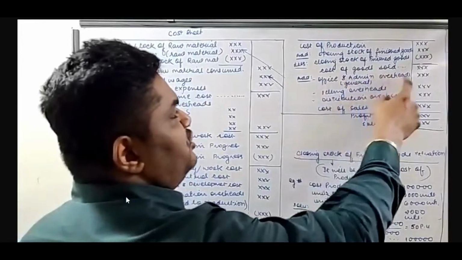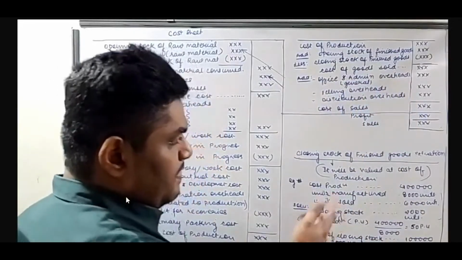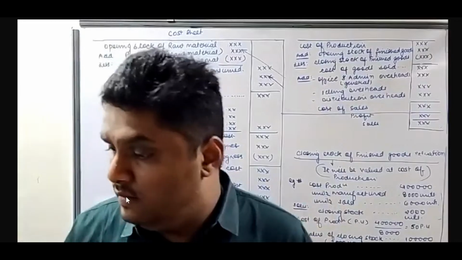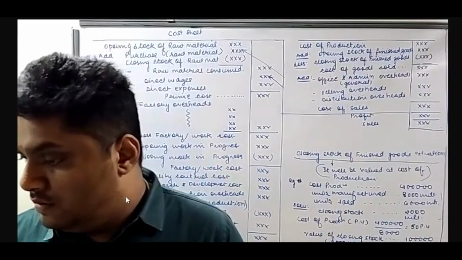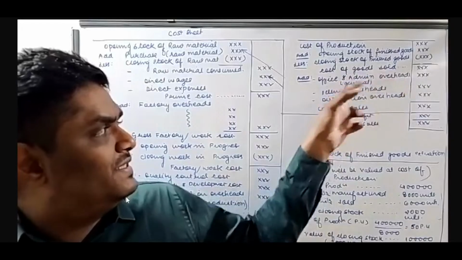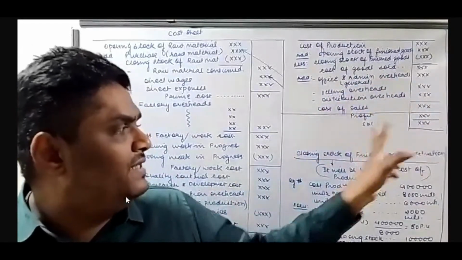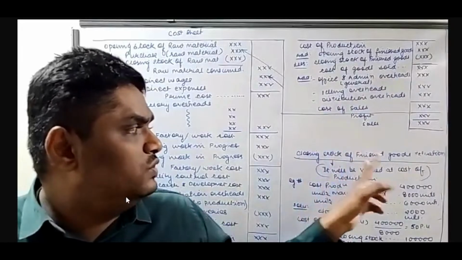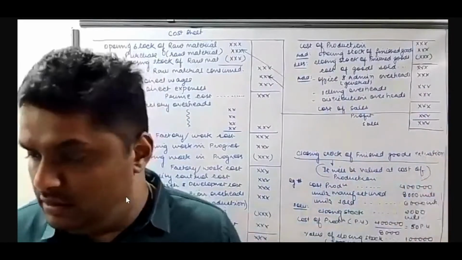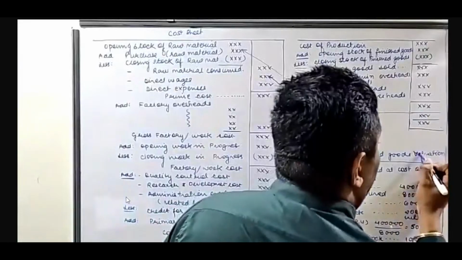Office and administration overheads, general. Okay, here it is, where you are saying, Divya. This is office and administration overhead, general, selling overhead, distribution overhead, cost of sales, profit and sales. And then closing stock of finished goods, valuation. This is valuation.